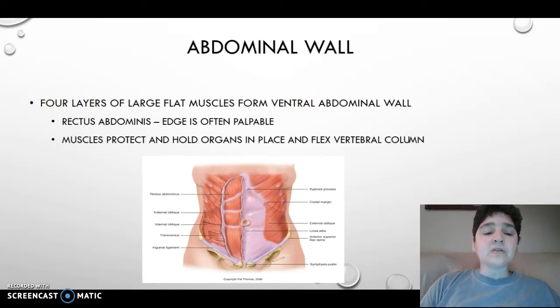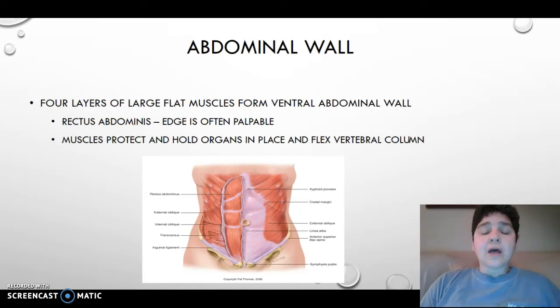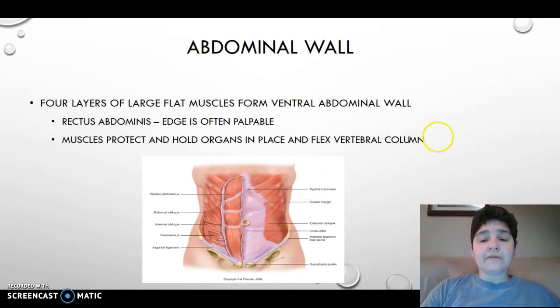Remember that these muscles protect and hold the organs in place, and they help with the flexion of the vertebral column. So when you're bending over, these muscles are what we're using to control that movement. We also have muscles in our back, as we know, but the abdominal muscles are the ones that really help us with that flexion.